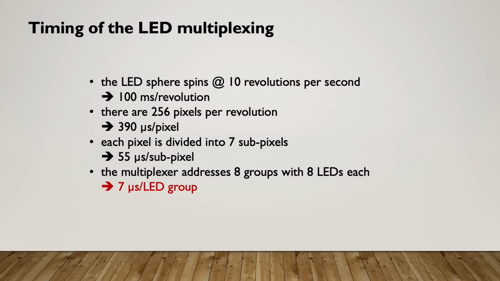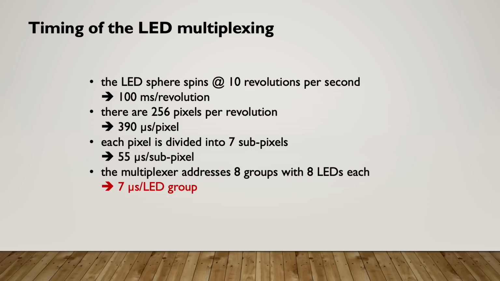The spherical display rotates at a frequency of 10 revolutions per second. This means one full rotation takes 100 milliseconds. During each rotation, 256 pixels are displayed. That results in a time of 390 microseconds per pixel.